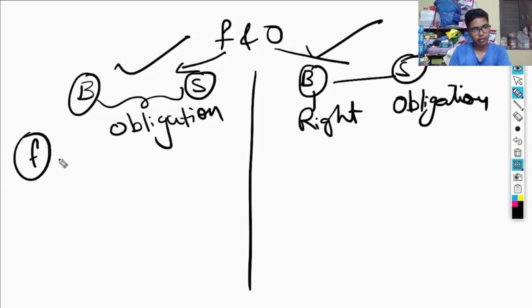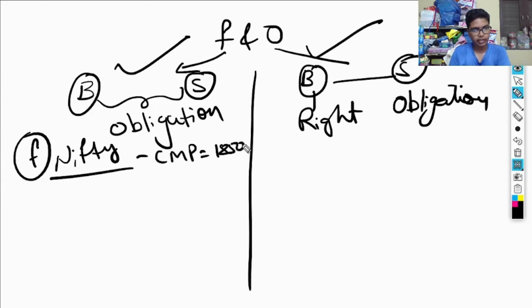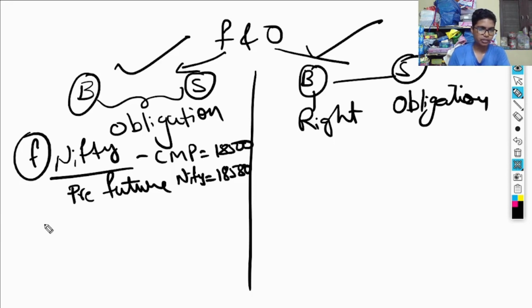Under futures, let's take Nifty as an example. Presently the current market price of Nifty is 18,500, and we think the market price will go up to 18,600. Say the present future price of Nifty is around 18,580 rupees, and the buyer has estimated that the market price of Nifty will go up to 18,600.